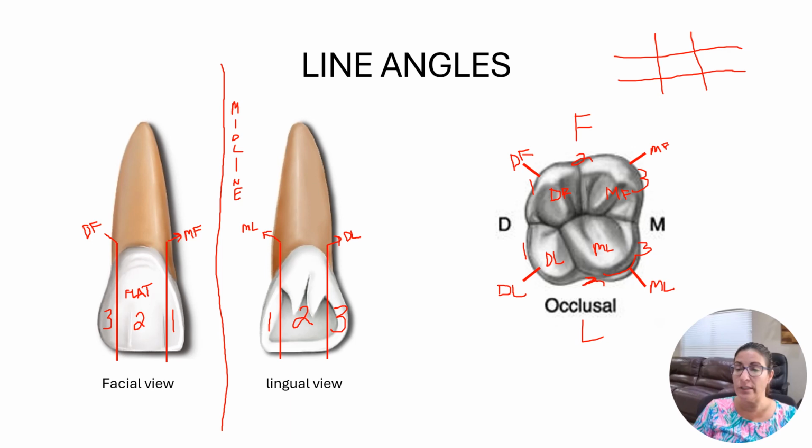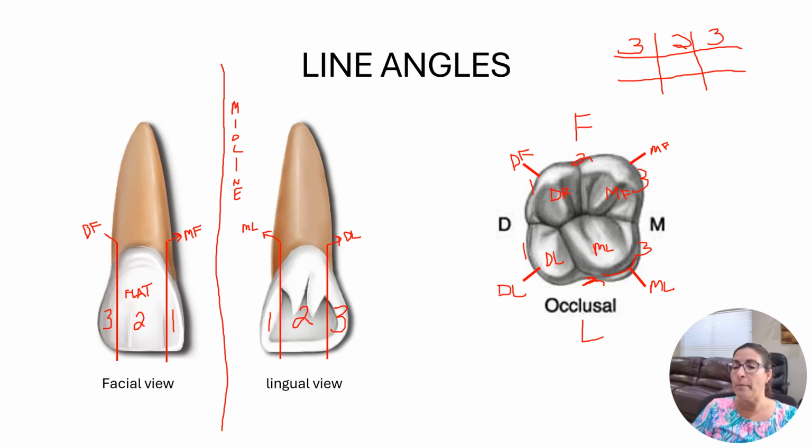They record whatever the deepest reading is. Let's say we get a 3 there. Then they go from the distal facial line angle over to the mesial facial line angle, taking the probe around that pocket, and record the deepest measurement. We'll say that was a 2. Then from the mesial facial line angle all the way to the mesial, they again take the probe and measure, and we'll say we get a 3 there.